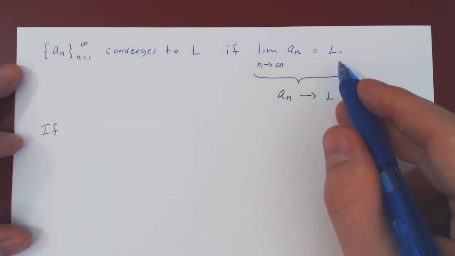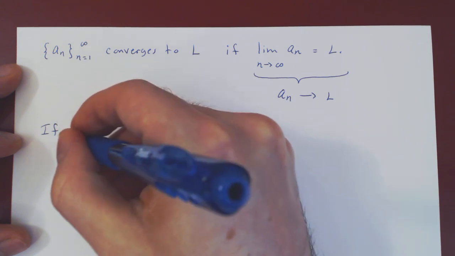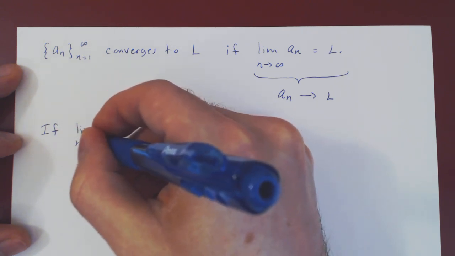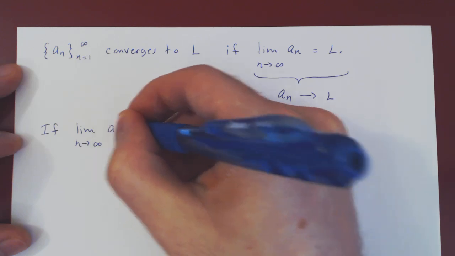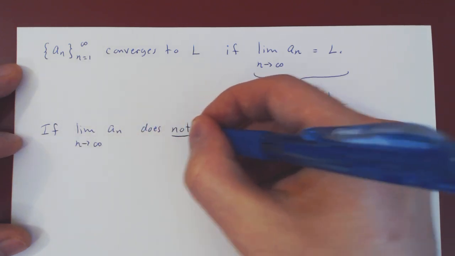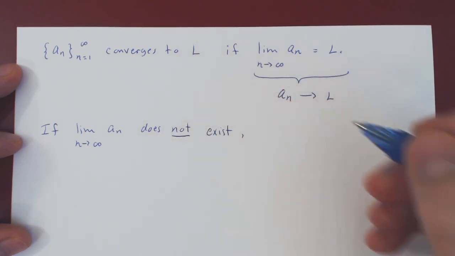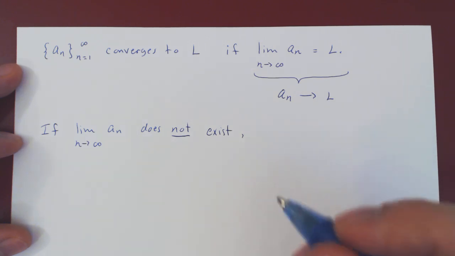If this limit does not exist, which is possible, we say that our sequence diverges.